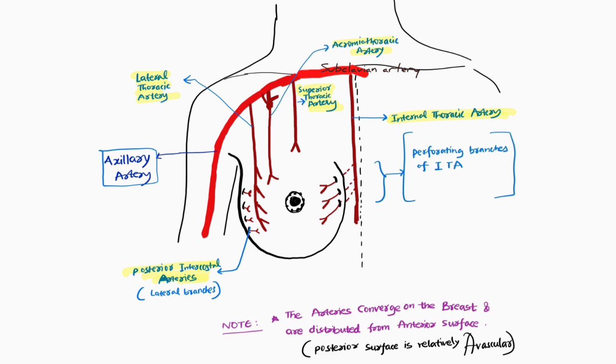Its branches are the superior thoracic artery, acromiothoracic artery, and lateral thoracic artery. You can also see the lateral branches of posterior intercostal arteries. The note point here is that the arteries converge on the breast and are distributed from the anterior surface, and the posterior surface is relatively avascular.